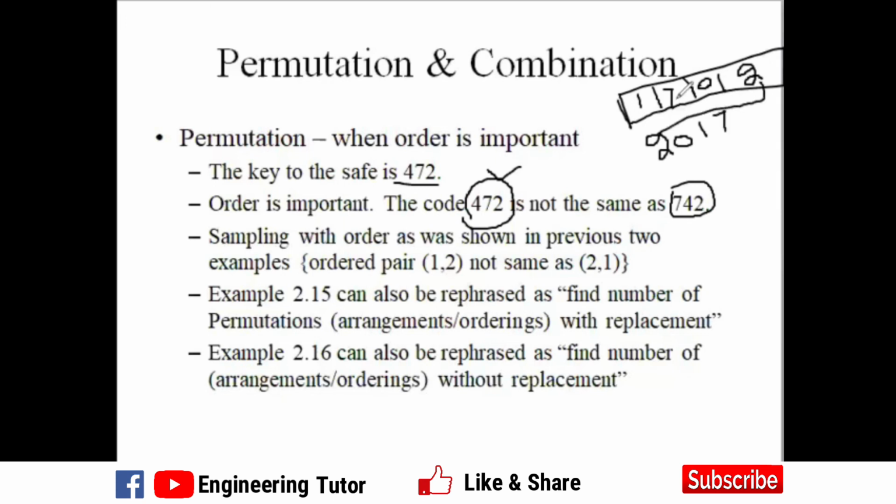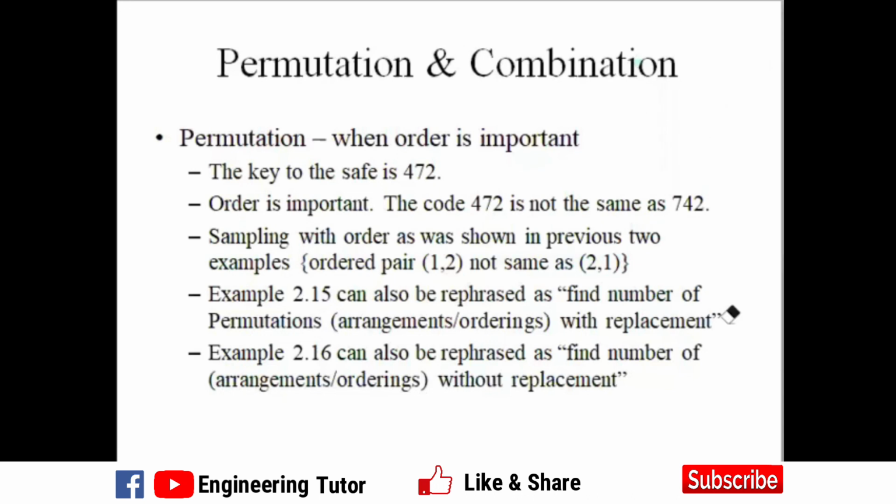You can see the numbers are basically the same, but the code will not allow the user to enter the mobile phone. The mobile phone will remain locked. What has happened? Because the order of the numbers is very important. So the code is a certain case of a permutation.